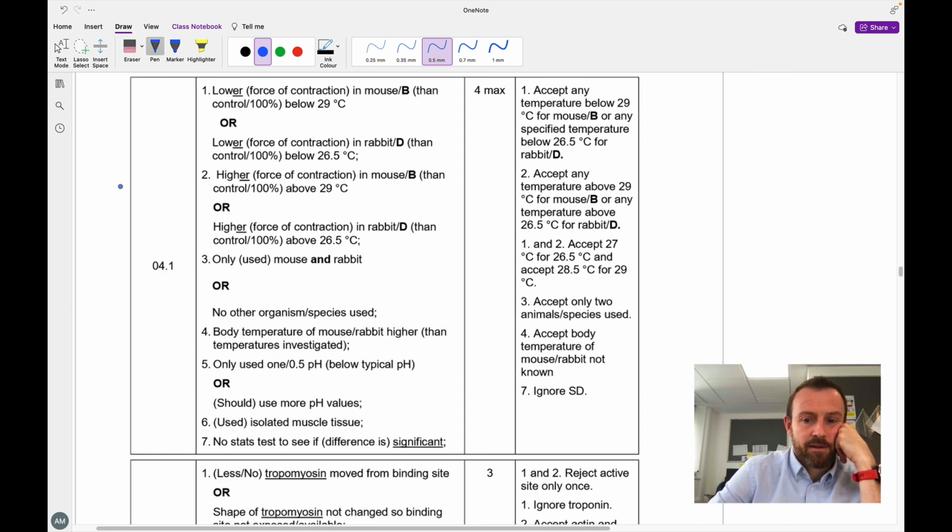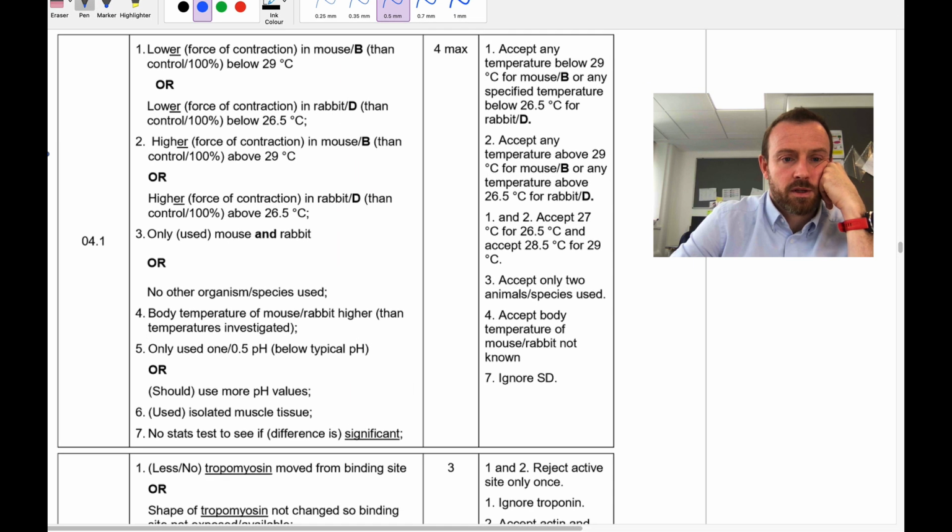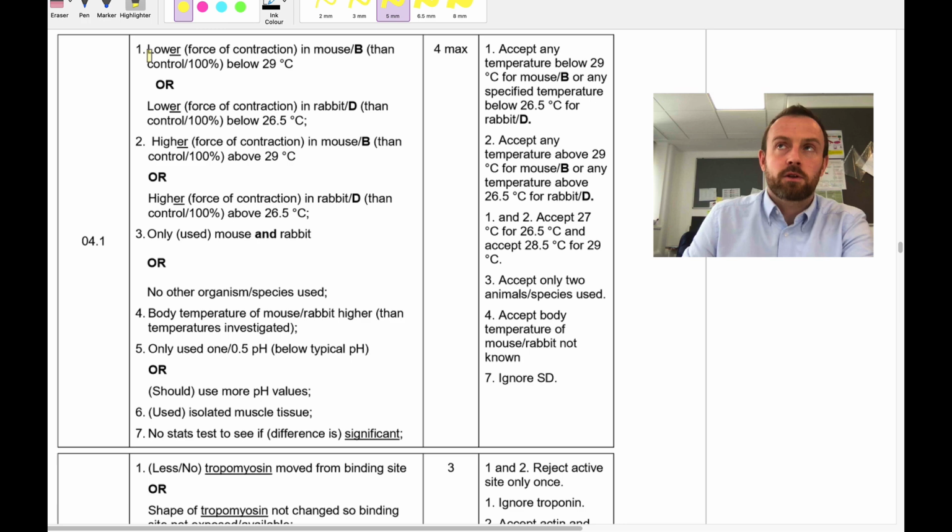Whoa, okay, there are 7 different things that we could say. Right, what have we got? One mark for talking about where the graph is below that 100, so below 29 or below 26.5 degrees C for mouse and rabbit.